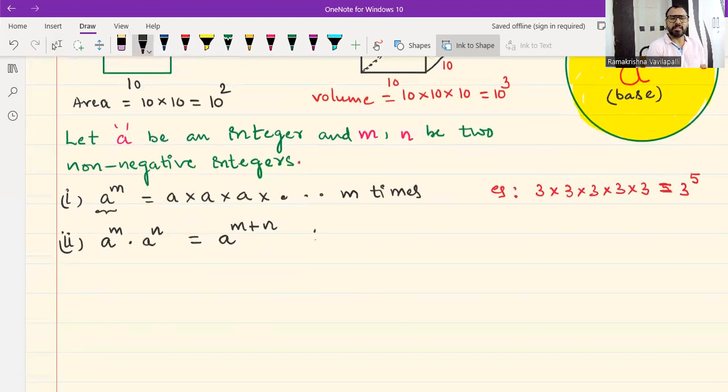Here you see that a to the power of m into a power n. So first one, a is multiplied how many times? m times. So this is m times a here.